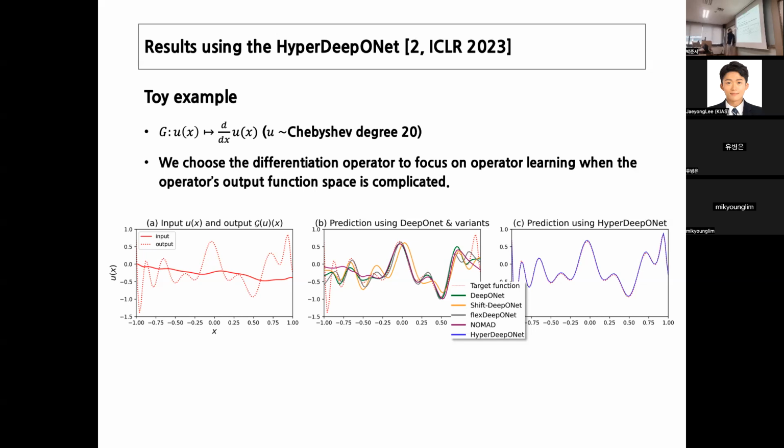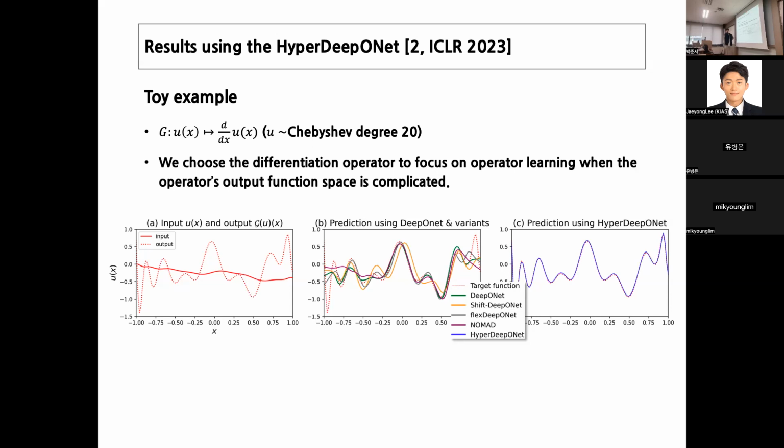Here I just said this derivative operator, but before our work, many other papers just took the task of the integration operator. Because when we approximate the integration operator, the output will be smoother than the input function, so it will be easy. So other models always focus on that task.